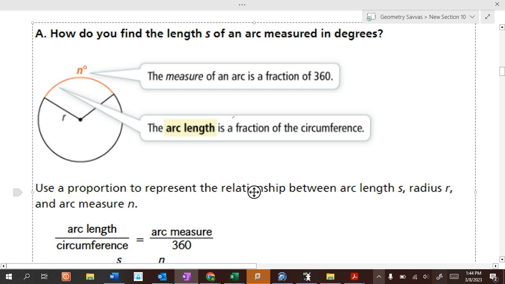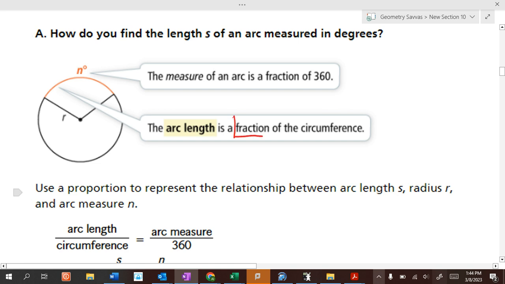So, an arc length is what we started with today. An arc length is a fraction of the circumference. So whatever that angle is out here, it's a fraction of 360. So if we're figuring out how long that arc is, that's different than the angle that it takes up.